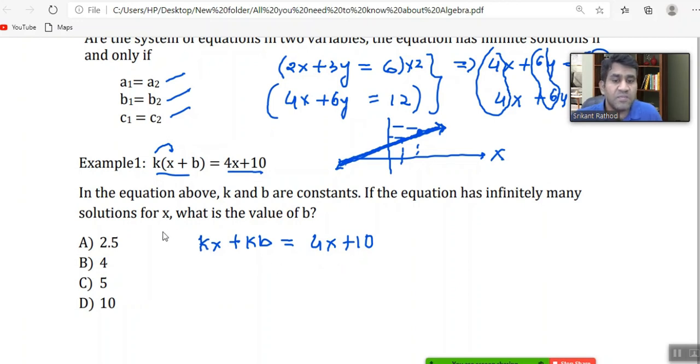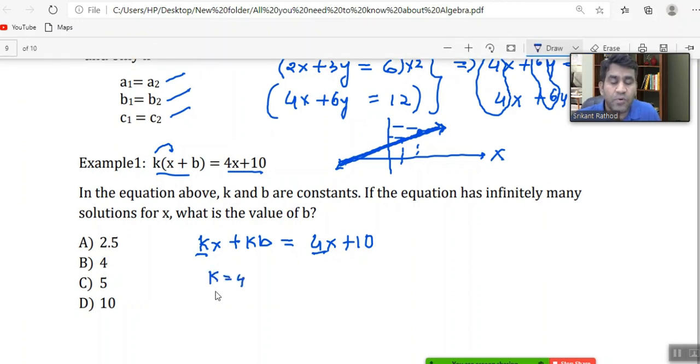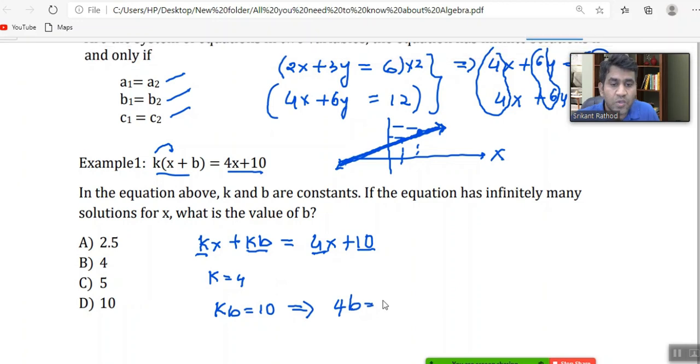They said the system of equations has infinitely many solutions, which means the coefficient of x should be the same. So from this I can say the value of k is going to be 4, and the constant terms must also be the same, so kb should be equivalent to 10. Since I know the value of k, substitute for k: 4b is equivalent to 10.